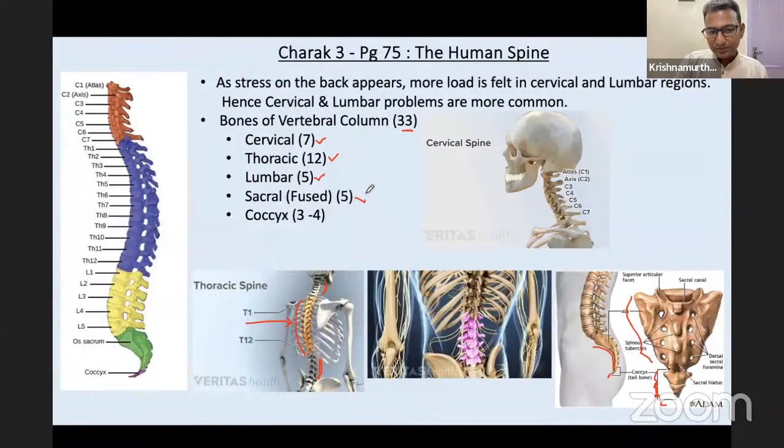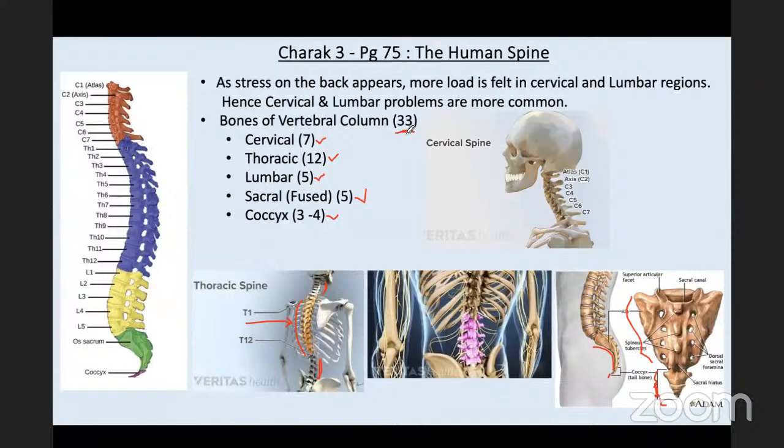And the coccyx has small bones, 3 to 4, which can change from person to person. So all of them put together, how much is it? 33.